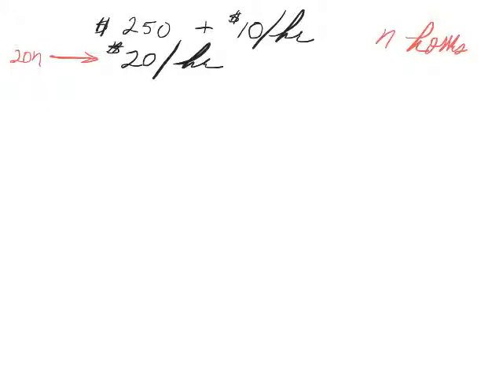For her first one, it would be $250 plus $10 per hour times however long it takes her to paint. So it'd be 250 plus 10n. Okay, so we're trying to figure out which one is going to pay her the most. Is the 250 plus 10n going to be the best deal, or is just 20 times n going to be the best deal?